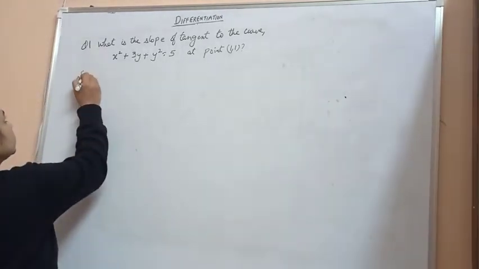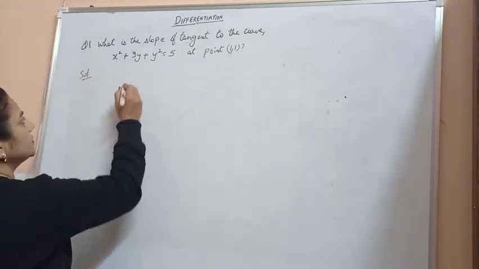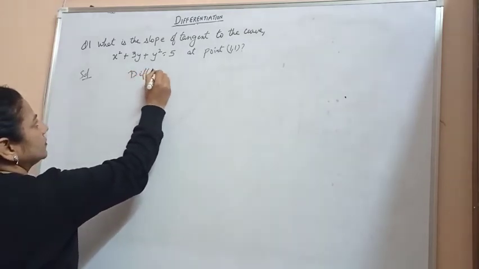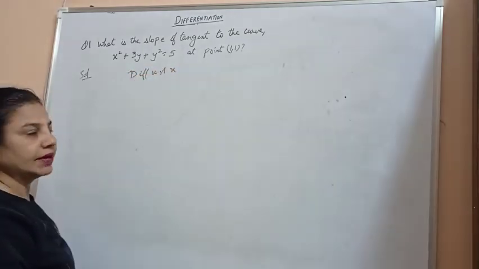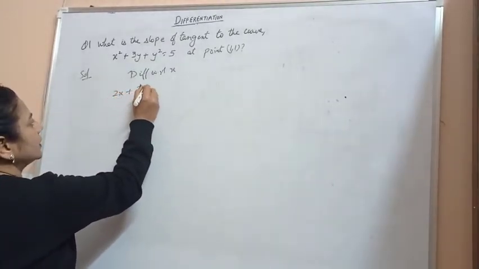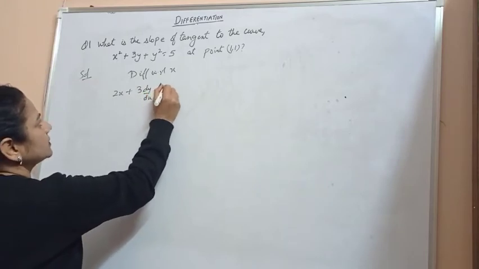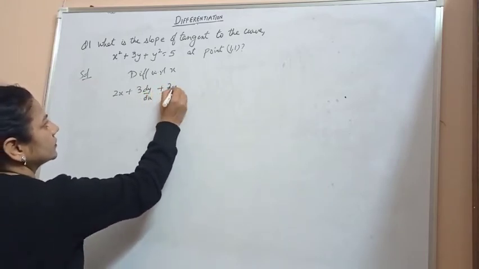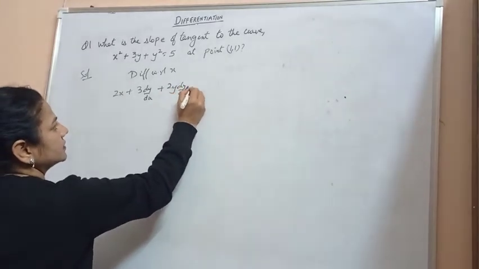So in this case, differentiating with respect to x, as the curve is given to us, this gives us 2x plus 3 dy by dx plus 2y dy by dx is equal to 0.